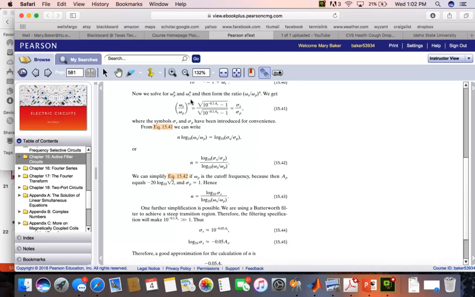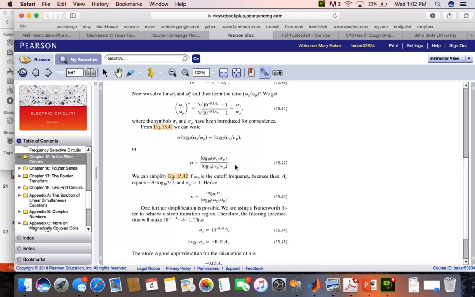The reason to take the logarithm here again is that it isolates n and allows us to solve for n, given specifications on omega S, omega P, AS, and AP. So if you're given an AP, an omega P, an AS, and an omega S, you can actually solve for the filter order that you would need by using this equation.